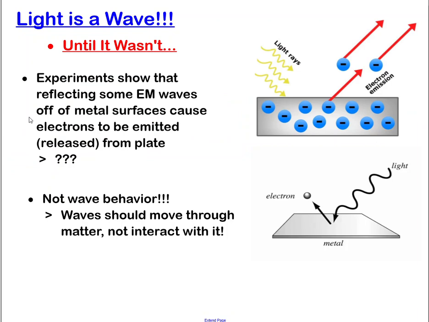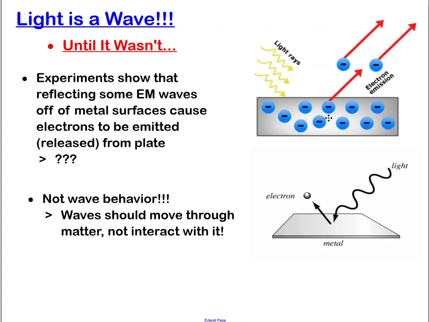But then it wasn't. Okay, so here's another research done further down the line. What was really interesting is they found out that if I shine electromagnetic radiation on a surface, I can actually get electrons to come bouncing off of this surface. That's not what would happen with waves, though, because waves don't interact with matter, they go through matter, right?